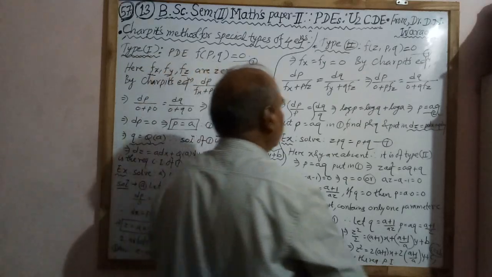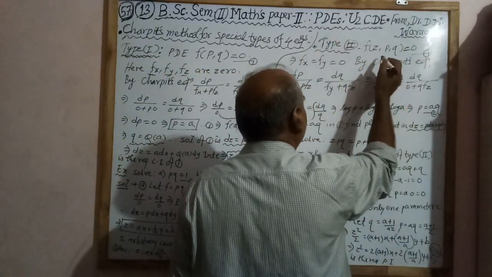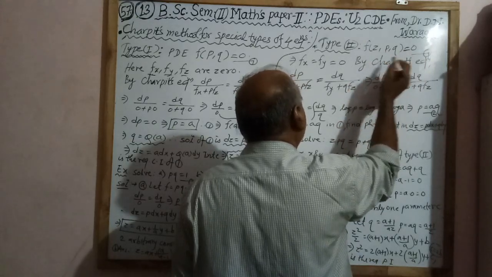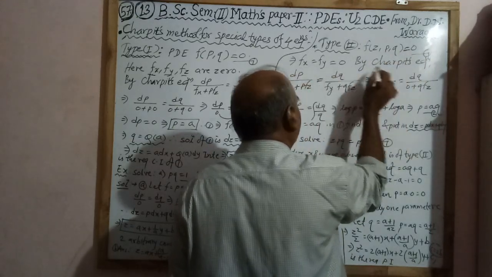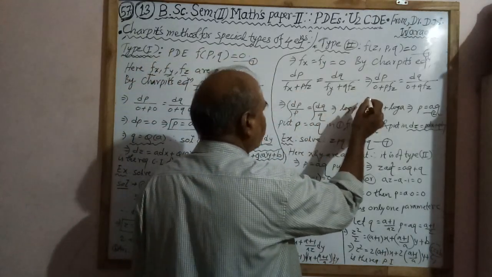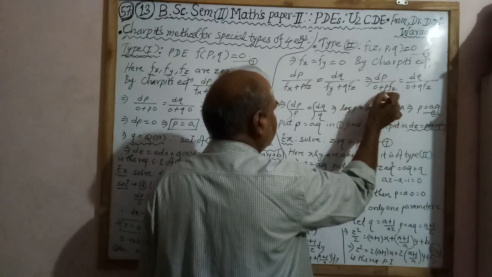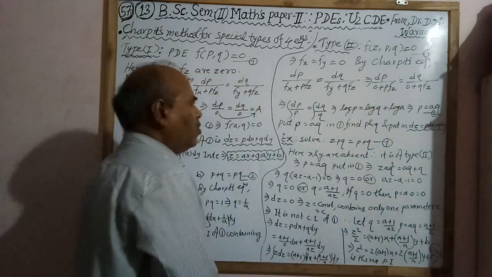Then type 2 differential equation. F of z, p, q equal to 0, where here x and y are absent. Therefore fx and fy are 0. By Charpit's equation we write this. Now we have dp upon fx equal to 0, therefore p into fz equal to dq upon q into fz.